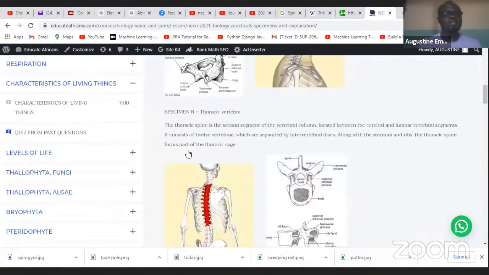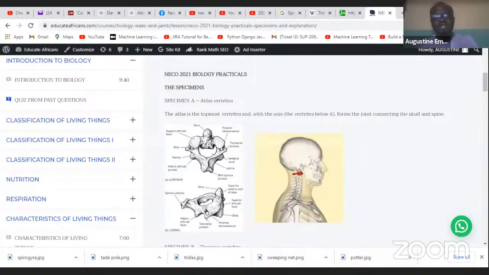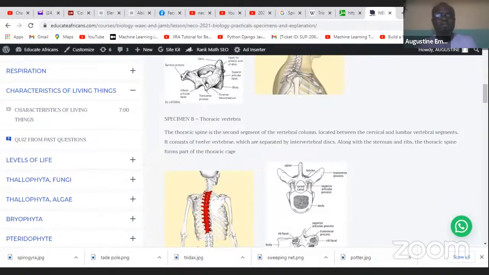Every one of these things is already on our platform, educateafricans.com. At your own time, just click on them, study the diagrams, try drawing them, try identifying the similarities and differences in them, so that it becomes easier for you to identify the specimen. Whenever you see the specimen, you should be able to know that this is the specimen you're seeing.